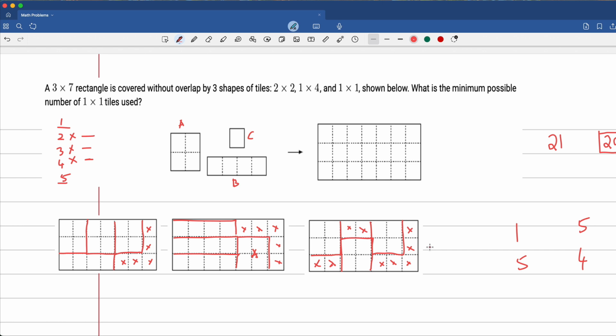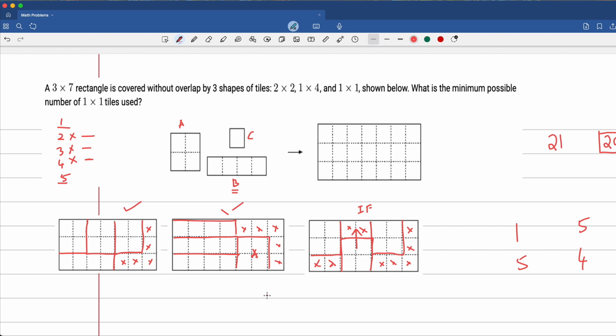But this is a very inefficient way of fitting it in, because all you need to do is push this one up and you'll be able to fit something with type B. If you were to look for an efficient solution, you'd always try A and B together and minimize the number of squares that you need. While this is inefficient, these two are not. These two are definitely efficient solutions where you leave only 5.